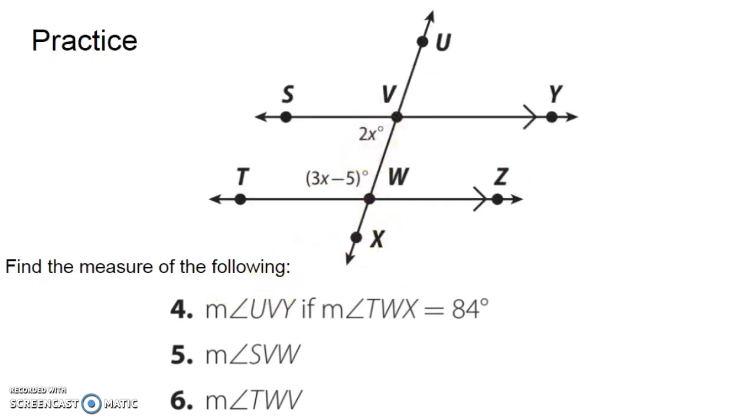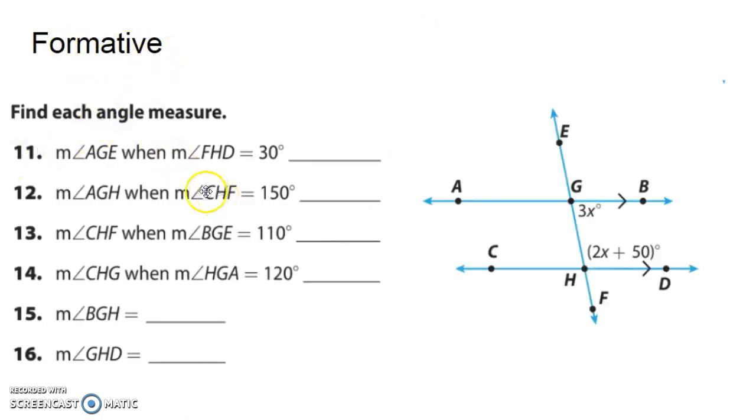Okay, that's the practice that we did yesterday. And there's the formative. AGE. They're wanting to know what is this angle when FHD is 30. Well, these are alternate exterior angles, so this would also be 30. AGH.